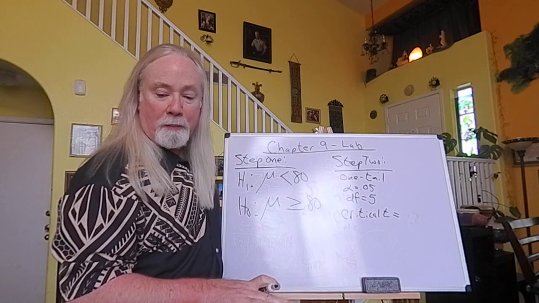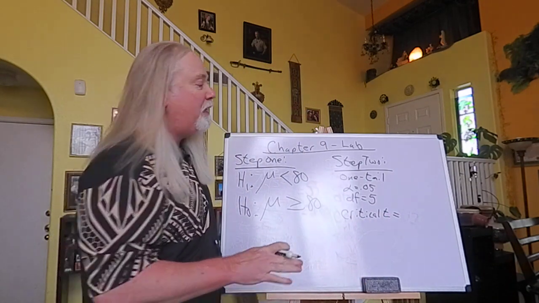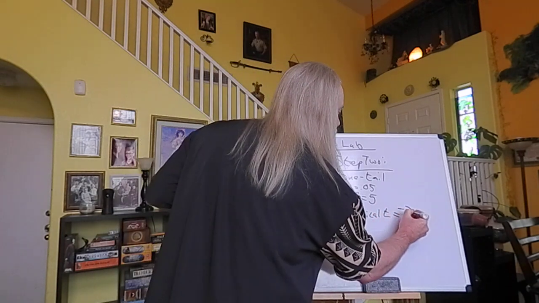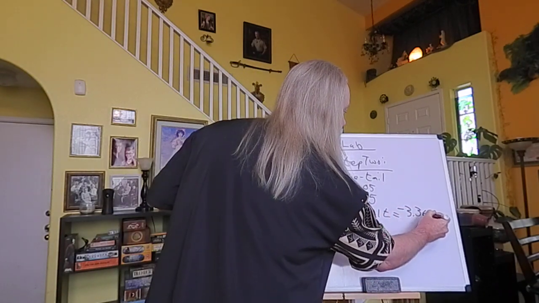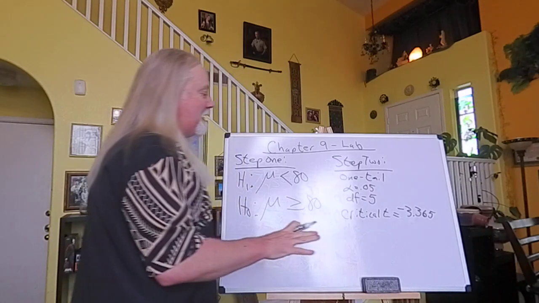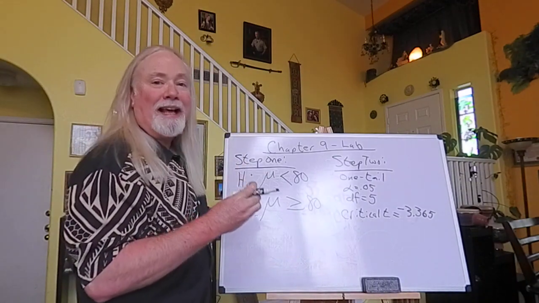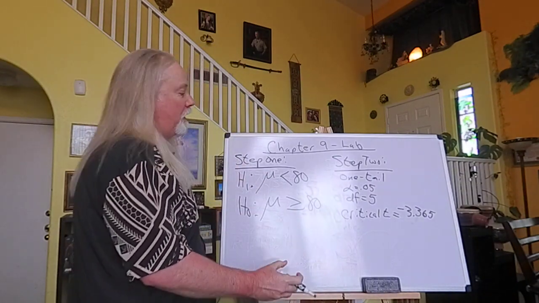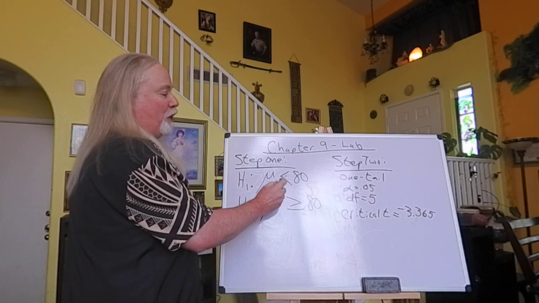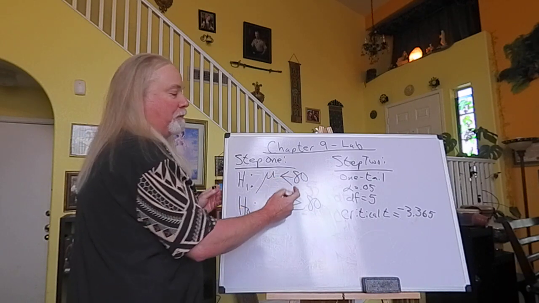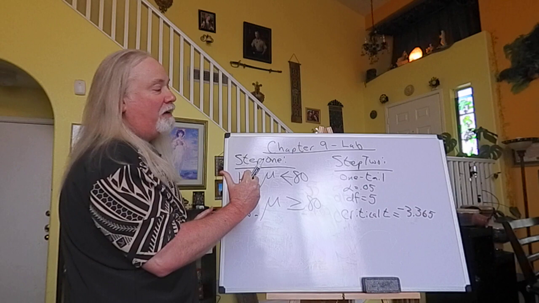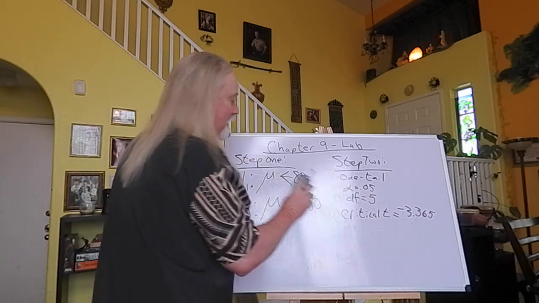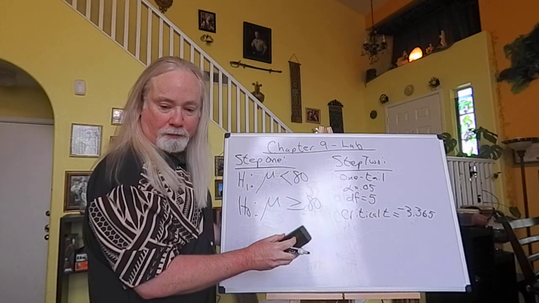When we look that up in the book, we're going to see 3.365. And negative. Why negative? We're predicting a decrease in scores. Again, notice that if we think of this as an arrow, it's pointing to the left side of the curve, so we're looking for negative values.